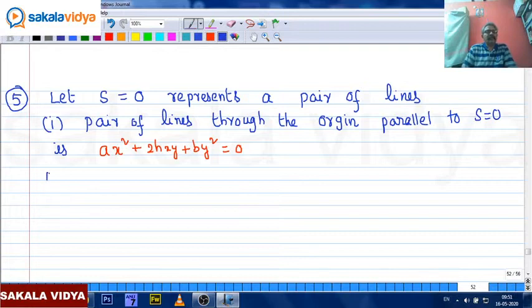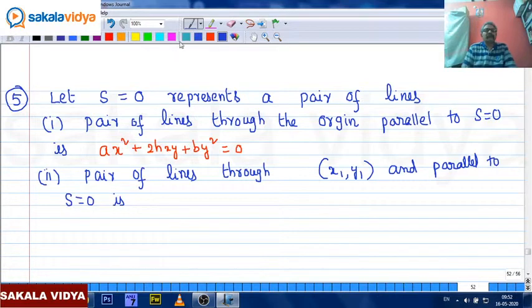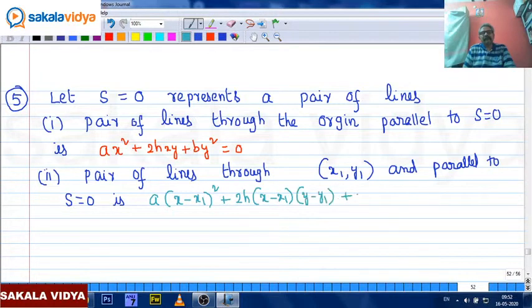Now, the second point: the pair of lines through the point (x1, y1) and parallel to S is equal to 0 is a times (x minus x1) square plus 2h times (x minus x1)(y minus y1) plus b times (y minus y1) whole square is equal to 0.